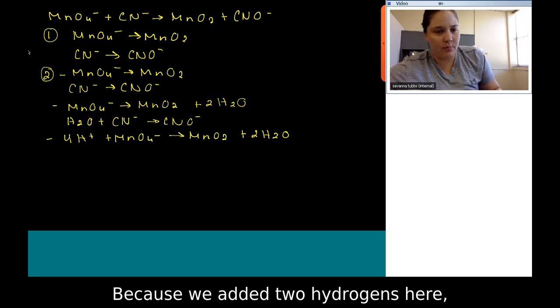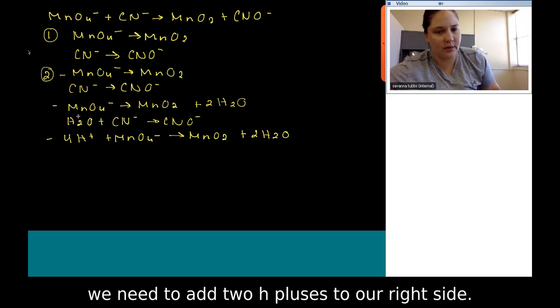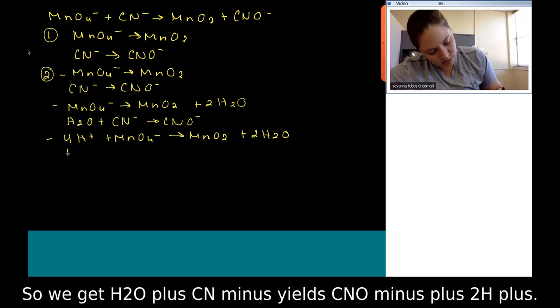Same thing we're going to do because we added 2 hydrogens here, we need to add 2 H pluses to our right side. So we get H2O plus CN minus yields CNO minus plus 2H plus.